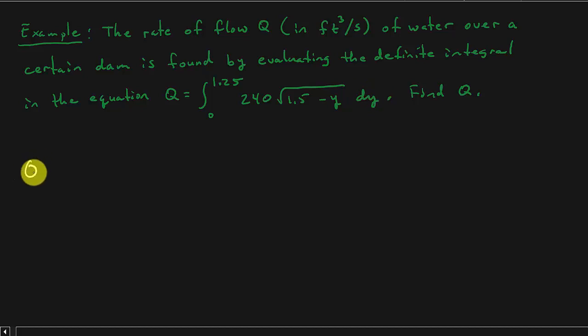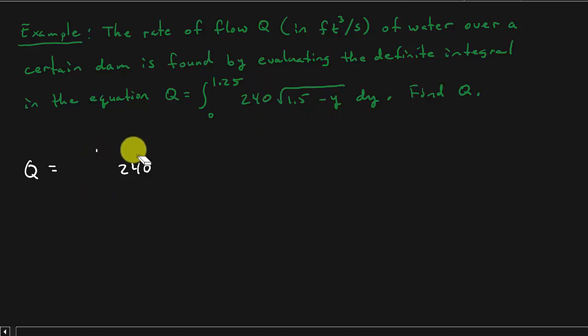See the dy, we're integrating with respect to y. And so let's just write the problem down, 0 to 1.25. And that's going to be 240. Now, I'll say this. That 240, what's the derivative of this under here? It's -1, right? That's not -1.